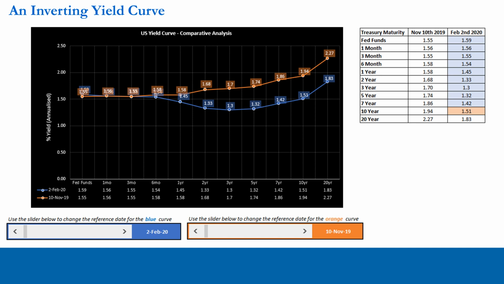So what we see here is in the short end of the market, 1 month, 3 month, and 6 month money, the yield is trading higher than the 10-year.